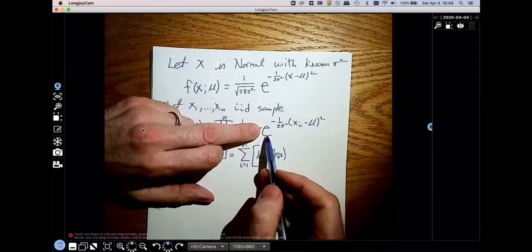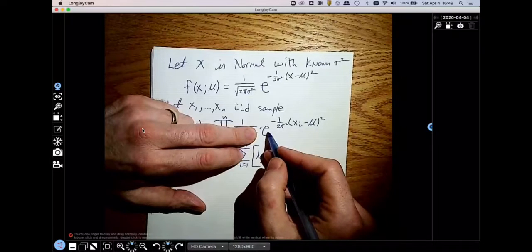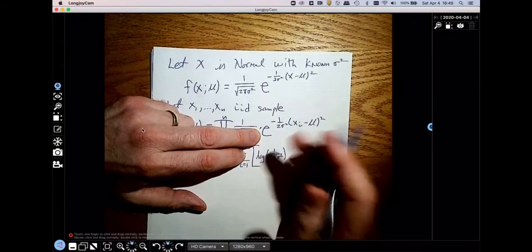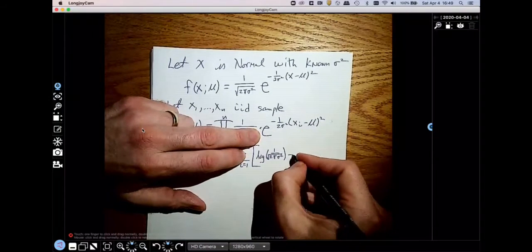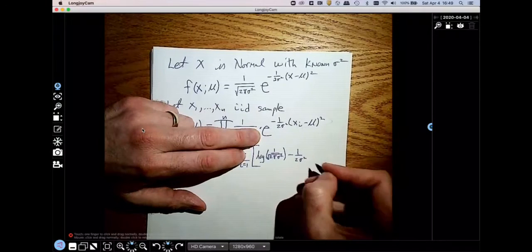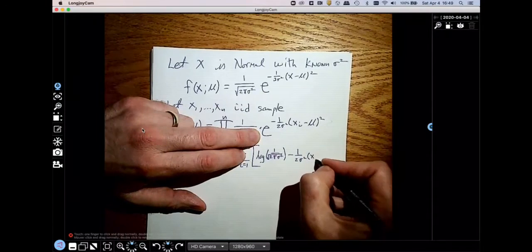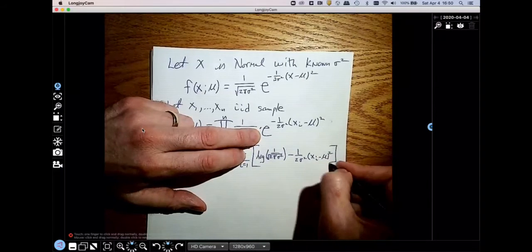Well, what's the log of e to the something? It's just the log of the exponent, since they're inverse functions, it's just this quantity up here. So this is going to be minus 1 over 2 sigma squared, xi minus mu squared.